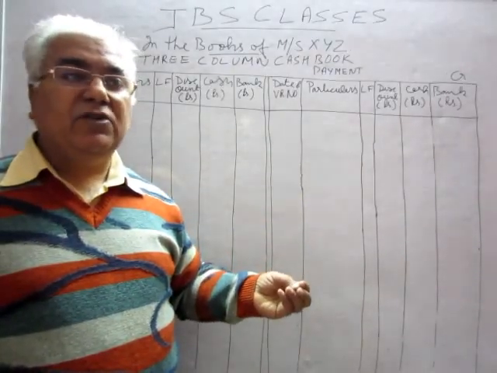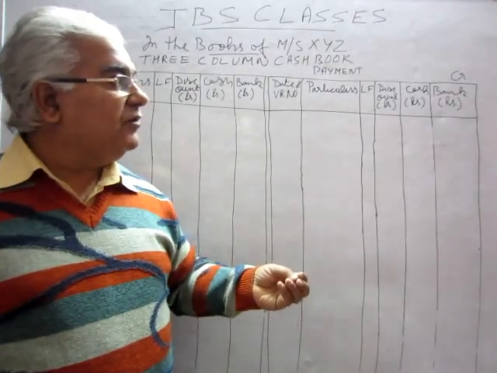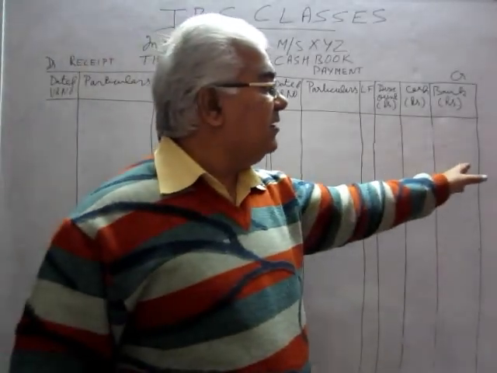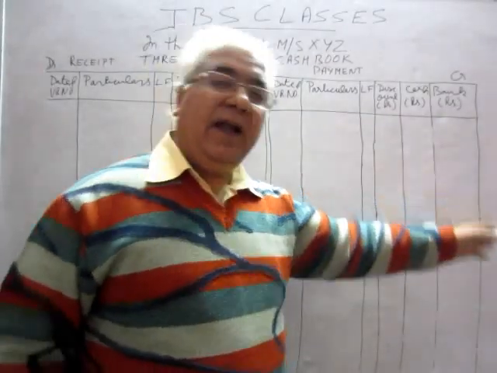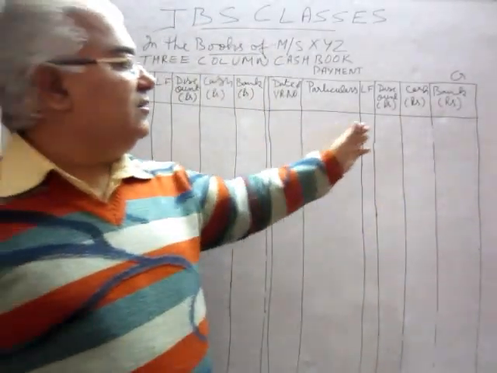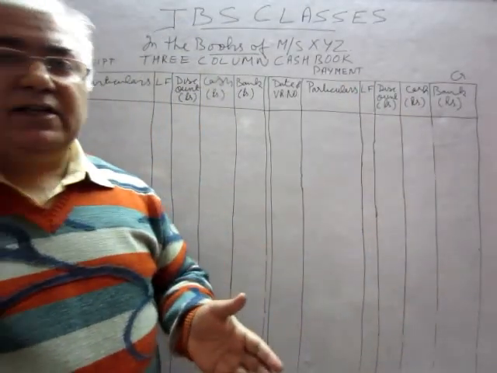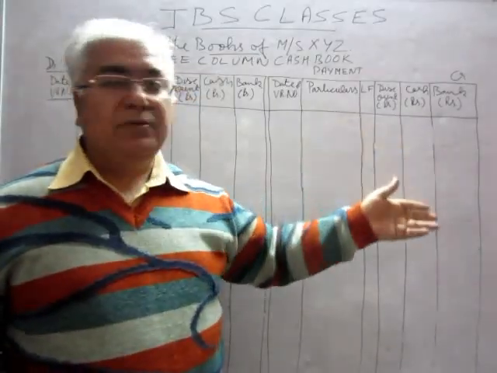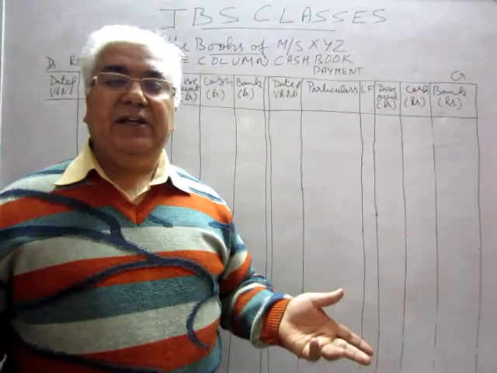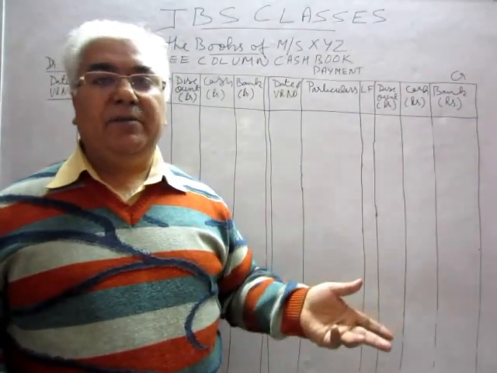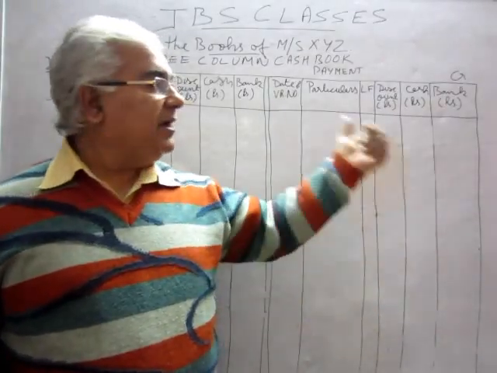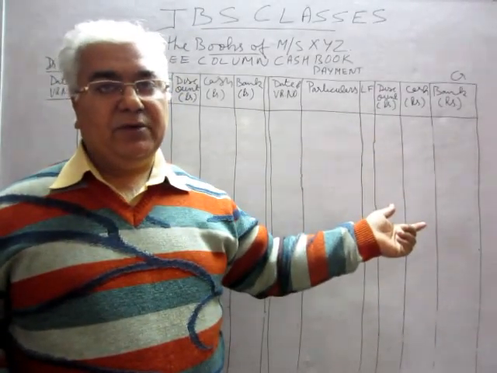So it is better to have a two column cash book with cash and bank columns. In the three column cash book, all three columns are there. If we understand the preparation of the three column cash book, we will easily understand the single column and two column cash books. That's why I am explaining the three column cash book.